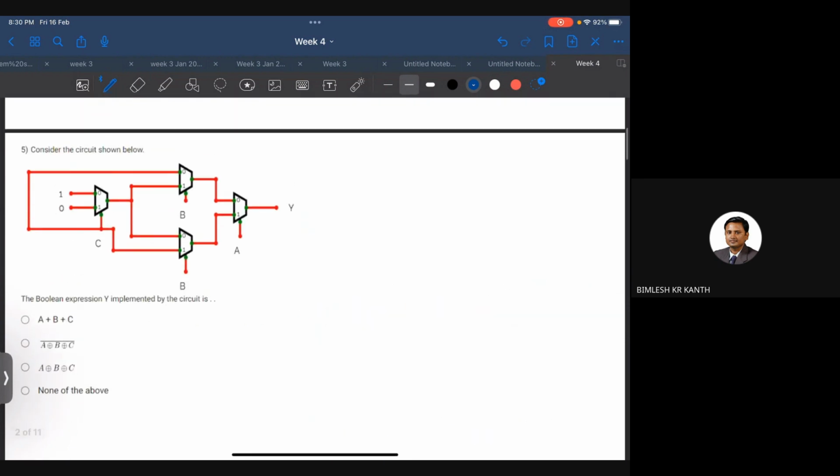Okay, now consider the circuit shown below. The Boolean expression Y implemented by the circuit is. So you have to find what will be the final Boolean expression Y. Maybe I'll wait 1-2 minutes. You can just try to solve. That will be good.